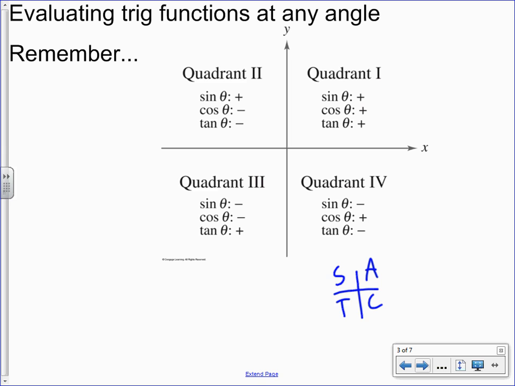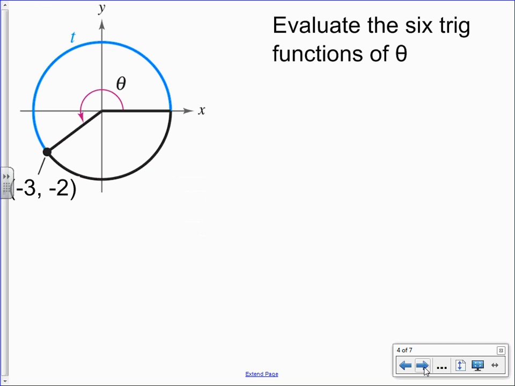Okay. So the first kind of example I want to talk about is when we have an angle and we know a point on that angle. Okay. So here we have angle theta, and if we think of this as our initial side and our terminal side, we know that the coordinate (-3, -2) lies on that angle.